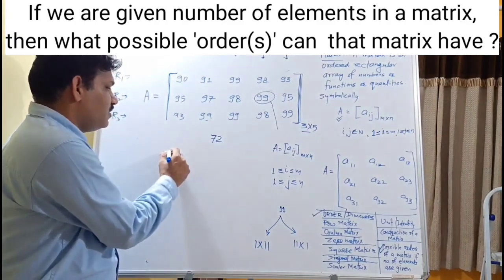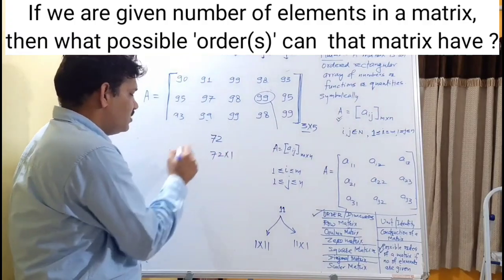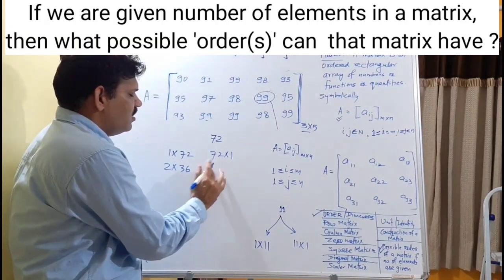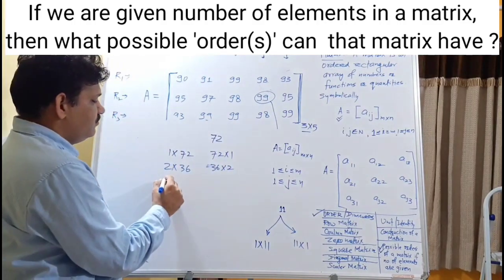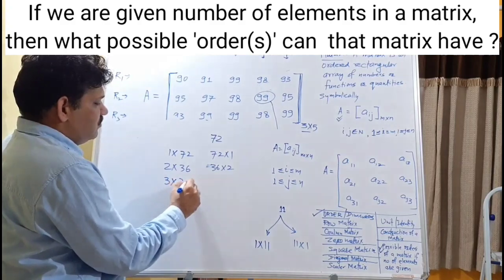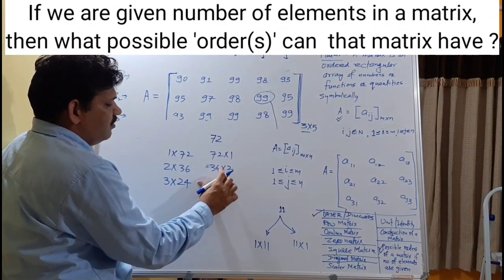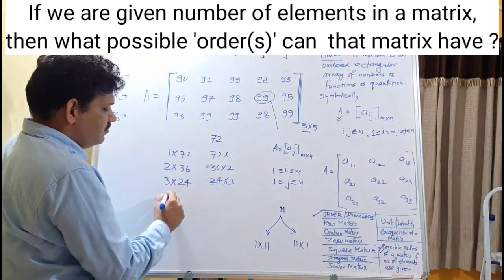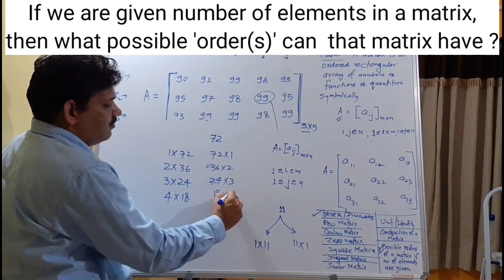So 72 is divisible by 1, so 1 by 72 or 72 by 1. It's divisible by 2, so 2 by 36, 36 by 2. It's divisible by 3 also, so 3 by 24, 24 by 3. It's divisible by 4 also, 4 by 18, 18 by 4.